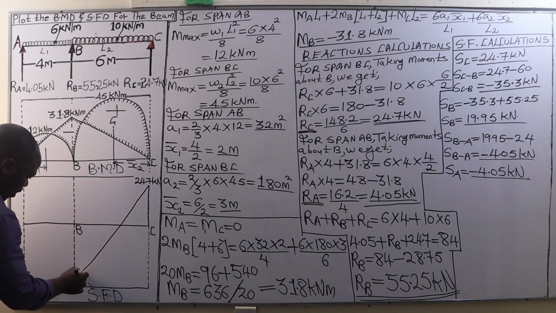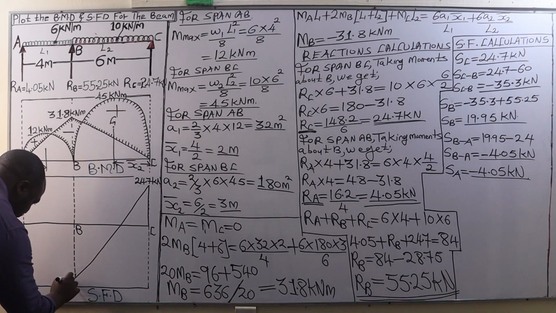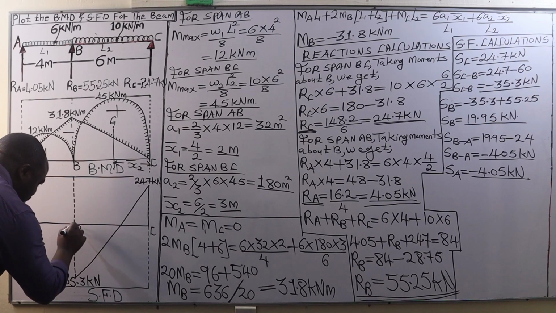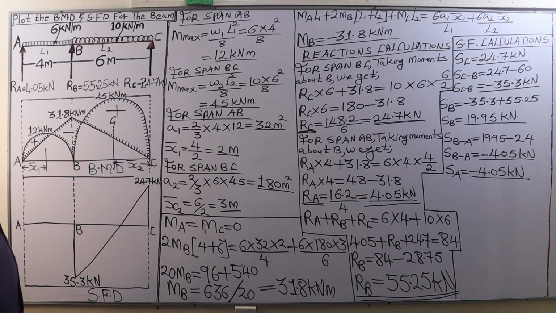So we join the 24.7 kilonewtons to the 35.3 kilonewtons, and then we join it to this horizontal line, that is the line of origin.